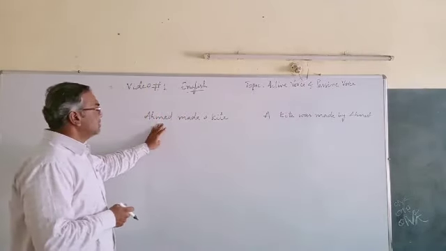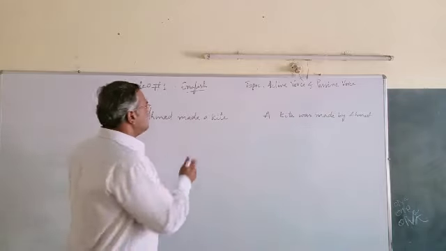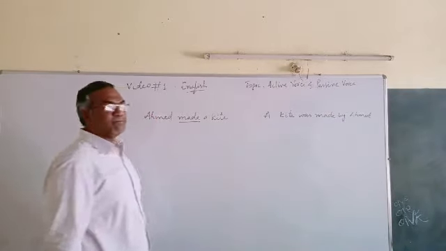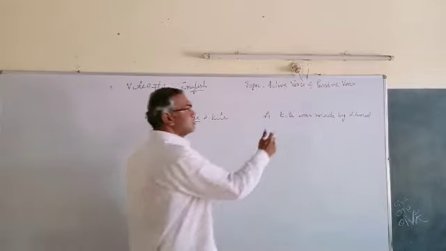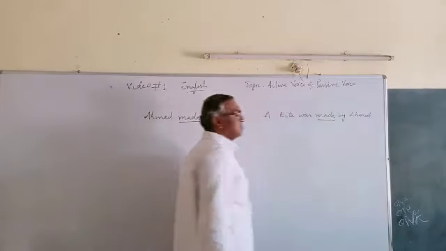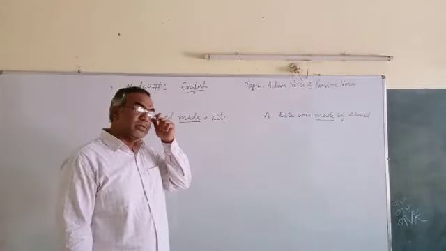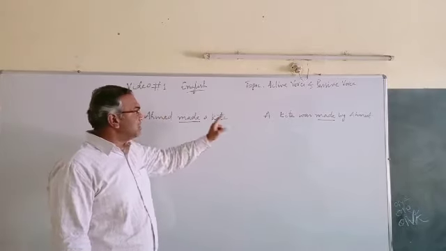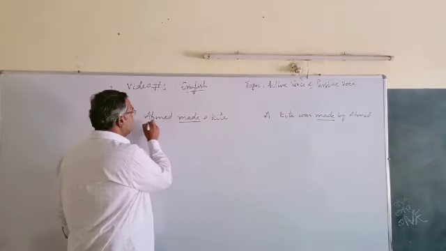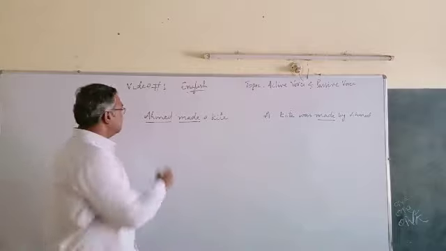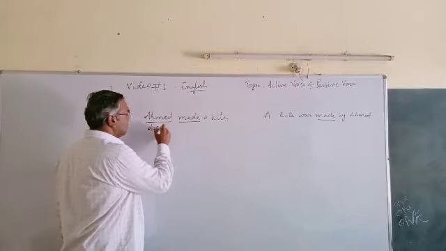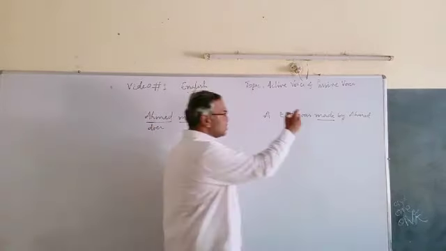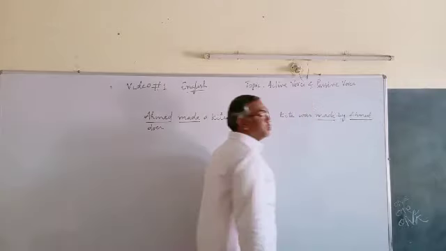Here, the action is made. Here also, the action is made. Made is the action, and the action here is done by Ahmad. Ahmad is the doer. Here also, Ahmad is the doer of the action.